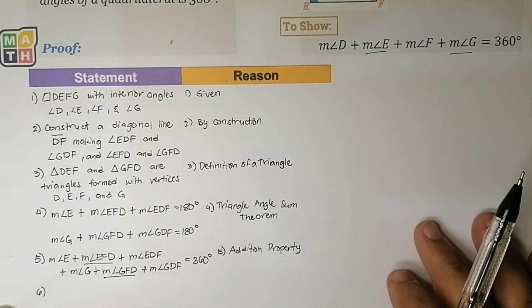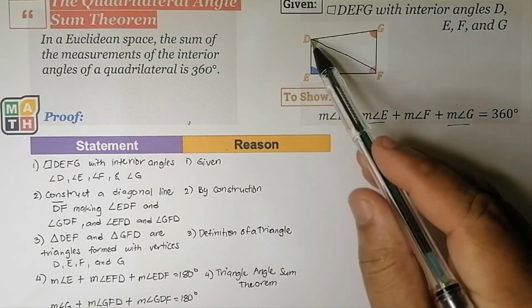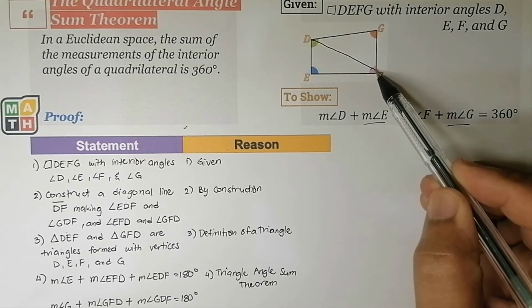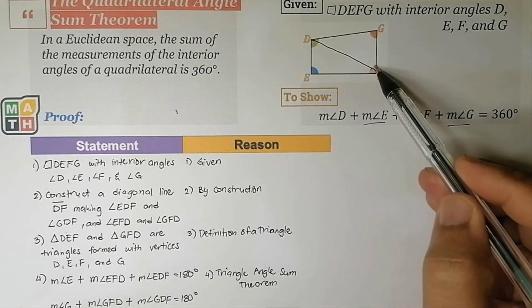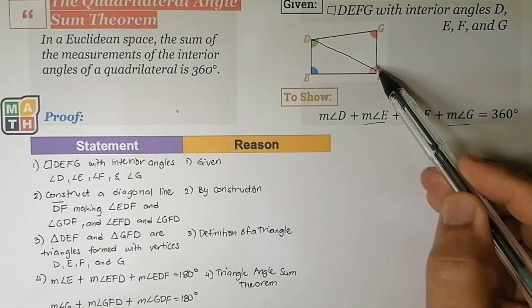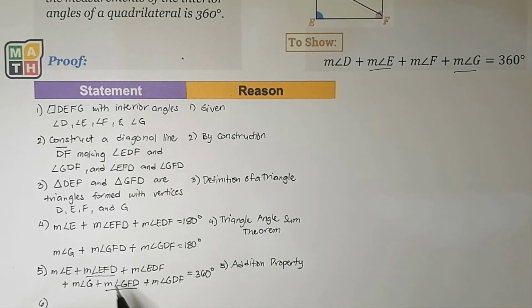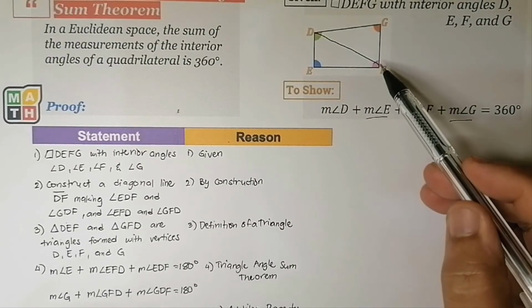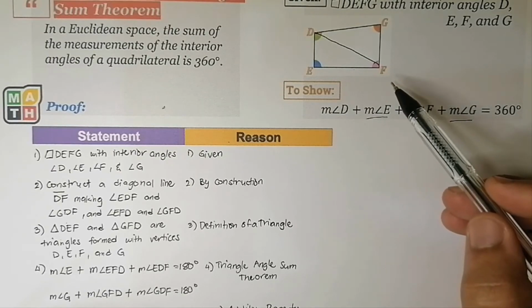If we're going to look at the figure, angle EFD is a part of this pink colored angle here. Angle GFD is the second part. In short, when we look at these two, angle EFD and angle GFD, they make up this angle here, the whole pink colored angle, which stands for angle F.